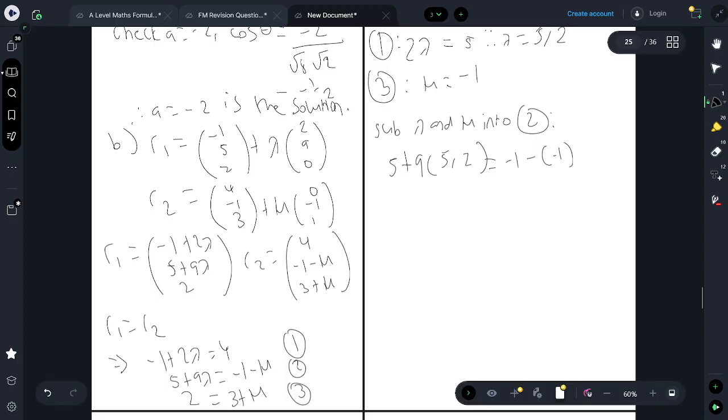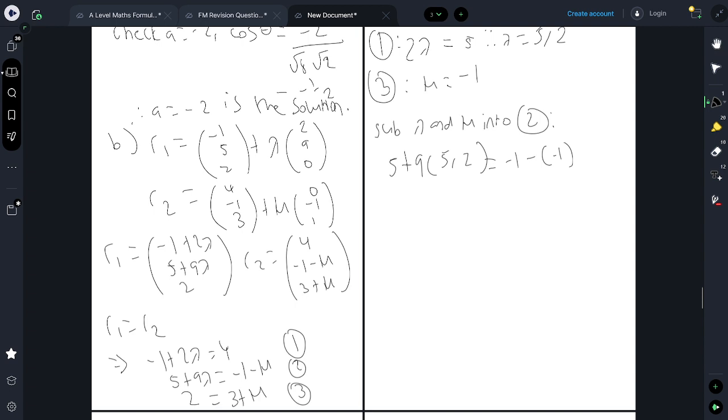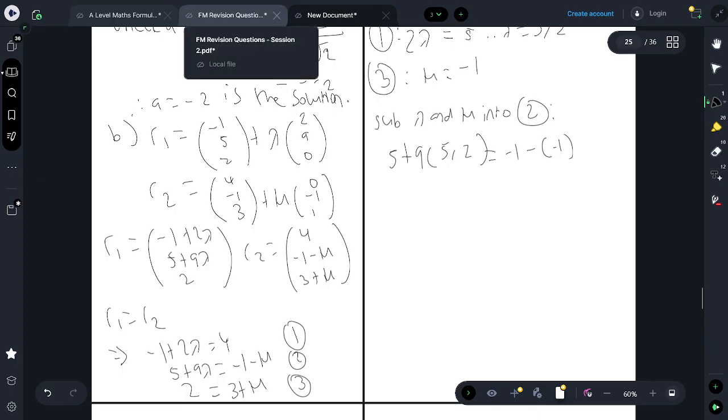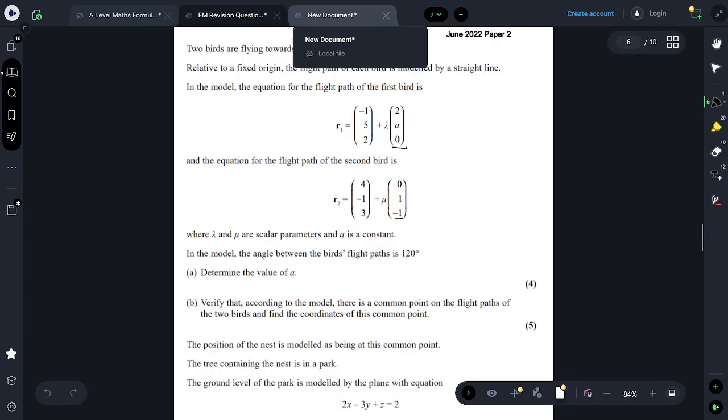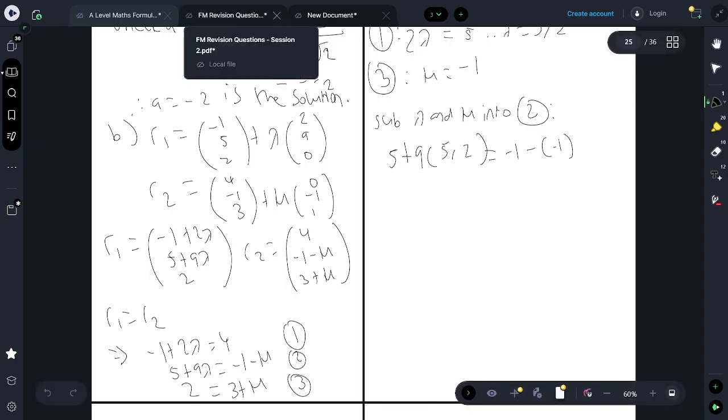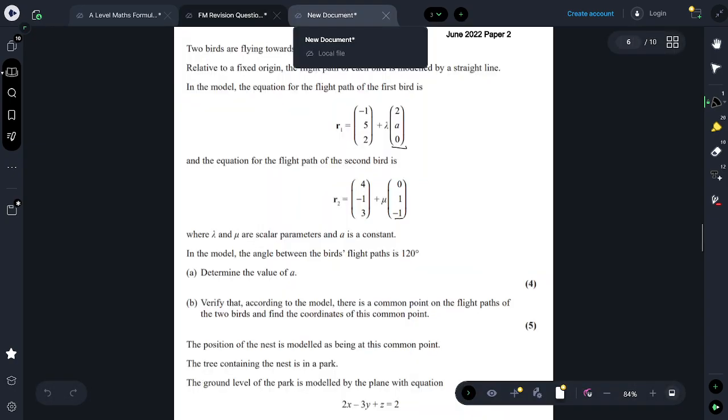Did I copy it right? I don't get the right solution. Why is that? Well, I must have copied something down wrong again. Hang on.